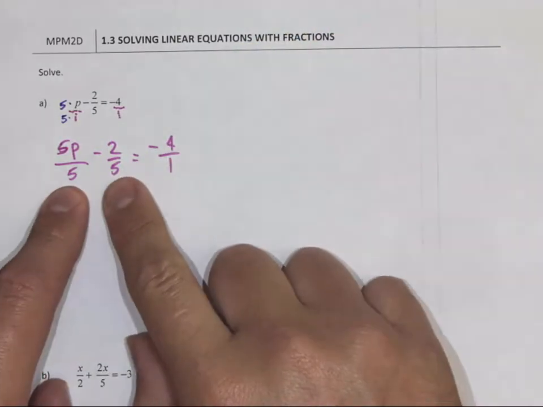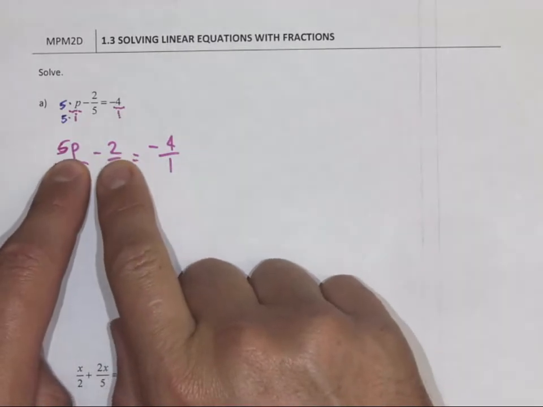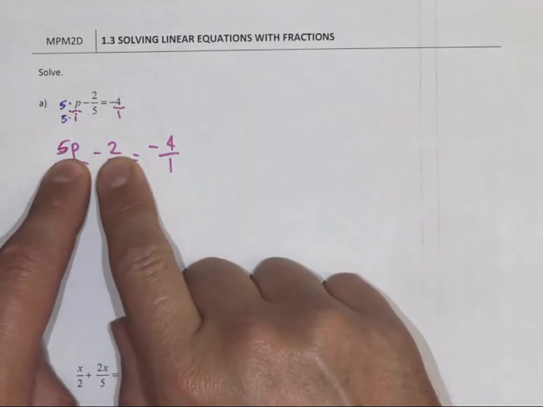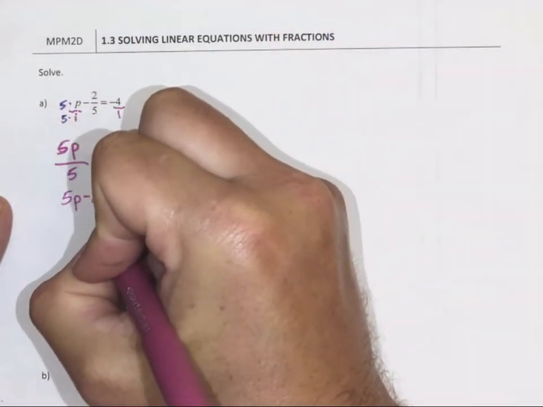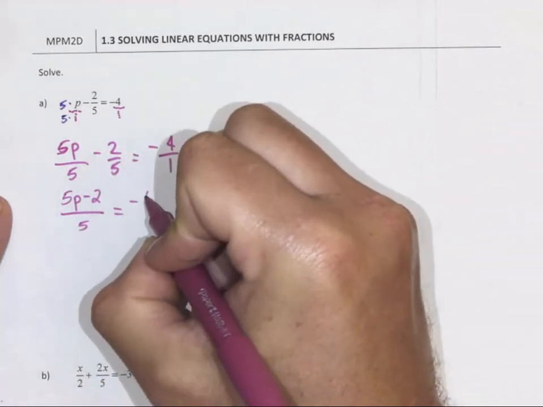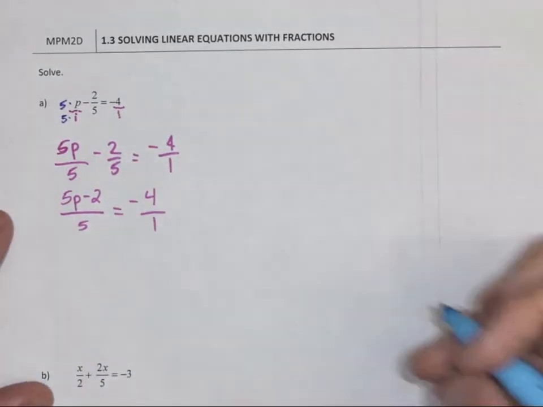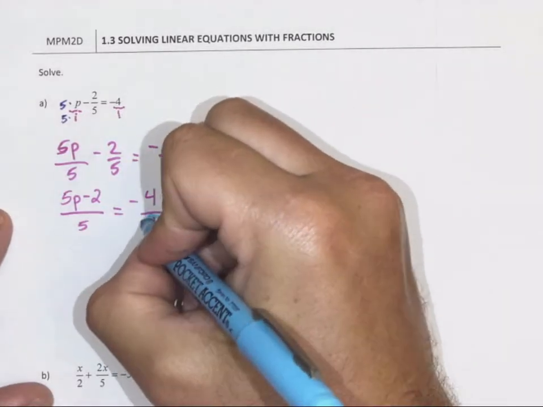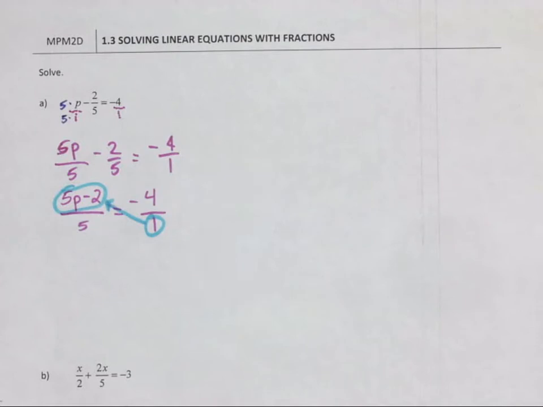Now that we have a common denominator, we can add or subtract the top. So 5p take away 2 remains like that. They're not like terms, so we can't take away 2 from 5p. Like we did previously, we're going to take the bottom of the right and multiply it times the top of the left. So we're going to distribute.